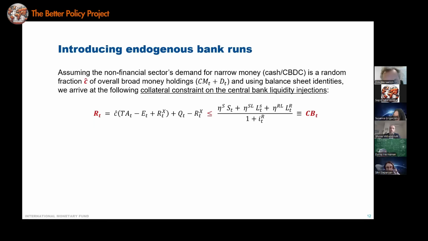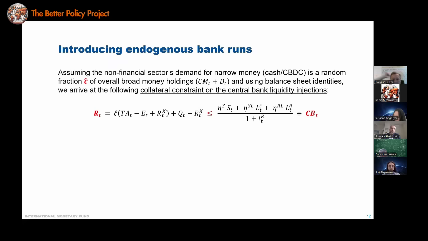How much deposit outflow banks will face, as we mentioned in the timeline slide, is uncertain for the bank at the point when they issue loans. So this is a stochastic uncertainty for banks.